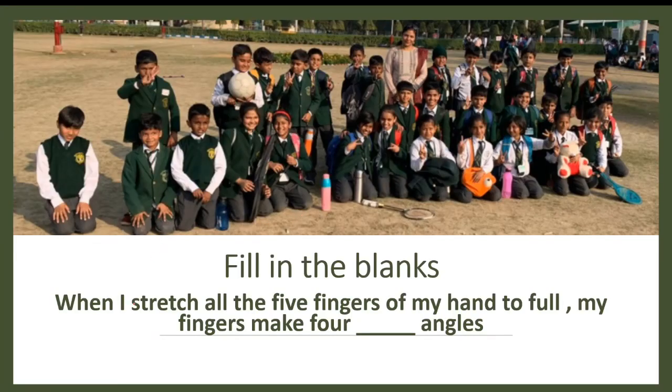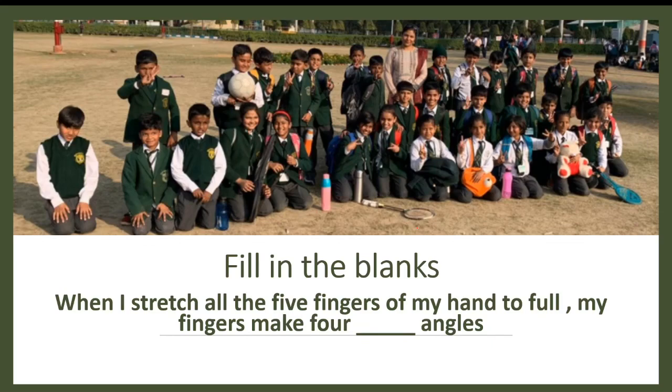Now children, here your question is, when I stretch all the 5 fingers of my hand to full, my fingers make 4 dash angles. So here you can see all the children are showing victory sign, and all the children are making acute angles with their fingers.